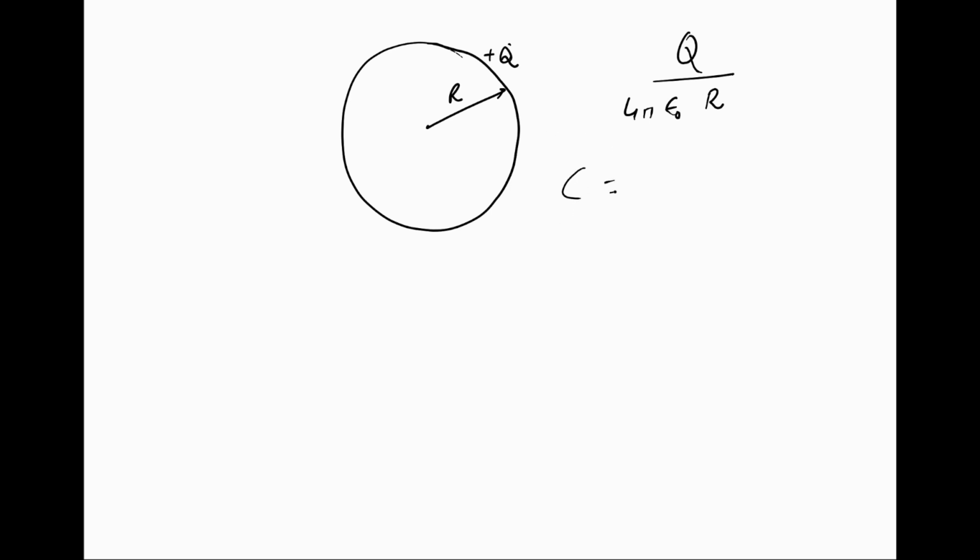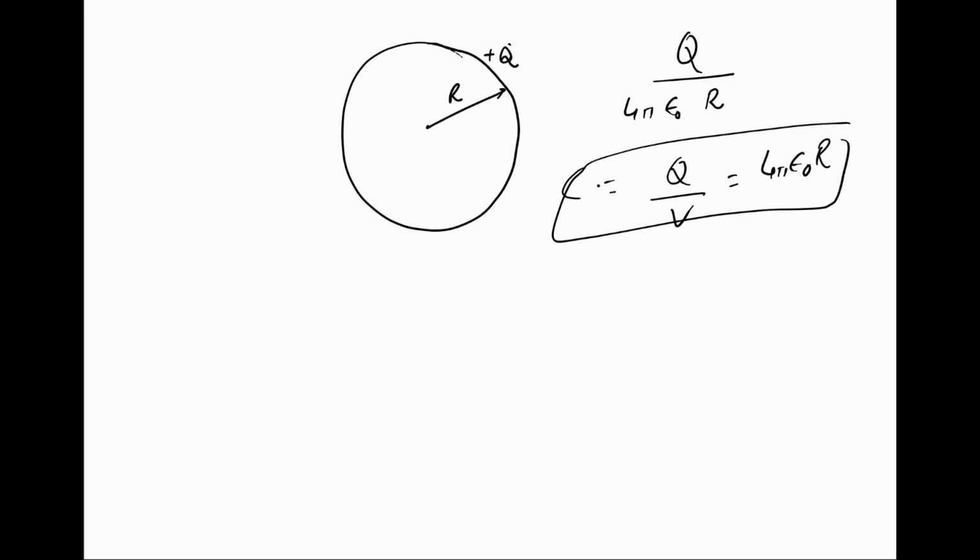So the capacitance will be q over V, which is equal to 4 pi epsilon naught r. So for an isolated sphere, the capacitance is simply 4 pi epsilon naught r. If this media was having permittivity as epsilon, then it would be just 4 pi epsilon r. So in this way we can use those 5 steps to calculate the capacitance of simple configuration.